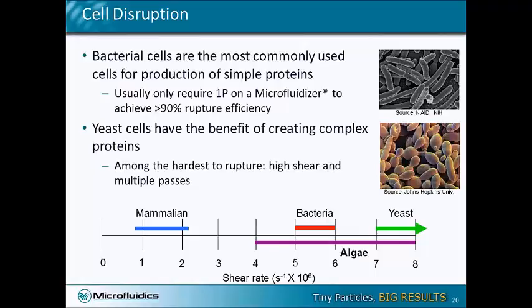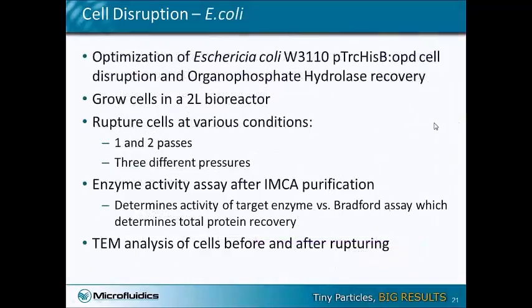So the first example is the cell disruption of an E. coli cell. In this test, after we recovered the protein, there's an organophosphate hydrolysis reaction to test for total protein recovery. The cells were grown in a 2-liter bioreactor.